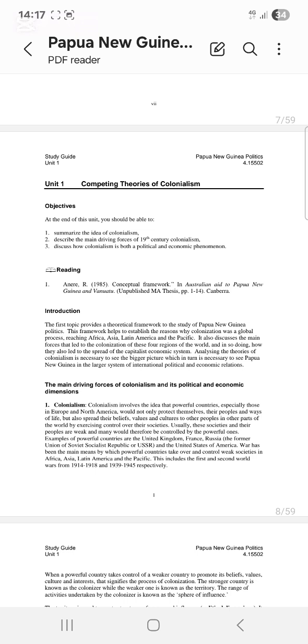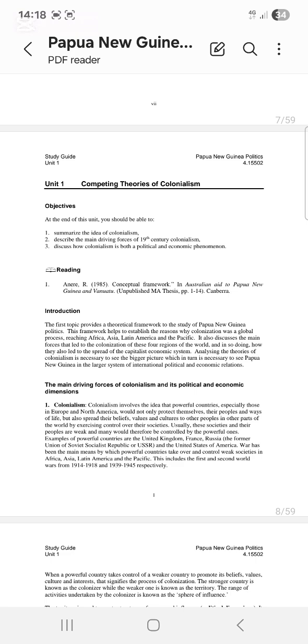So this is where colonialism came into the shores of Papua and New Guinea. Back then it was called the New Guinea and Papua territories, administered differently up until 1949.